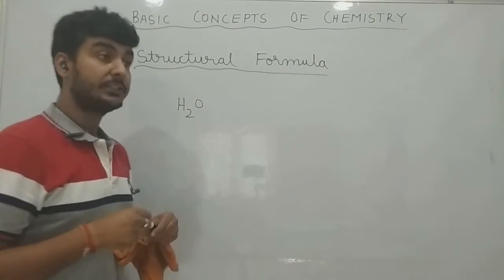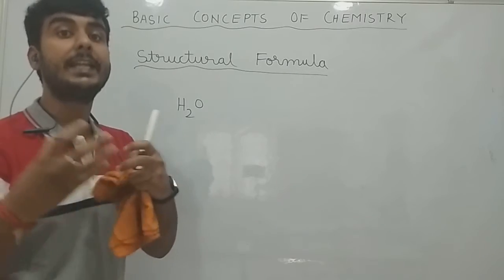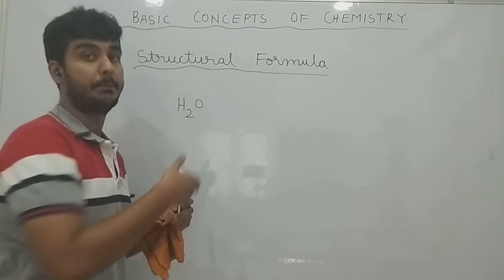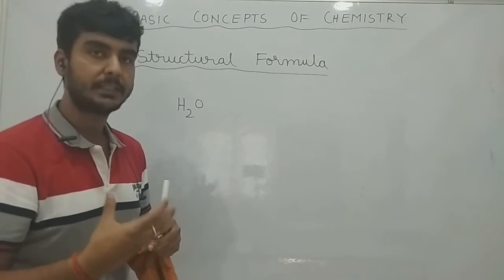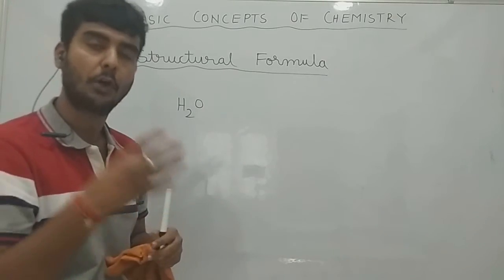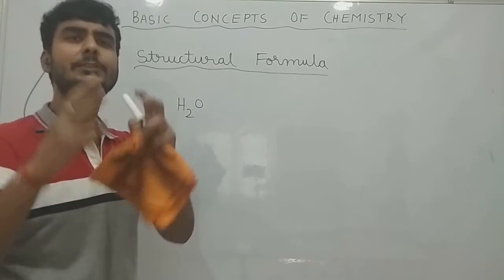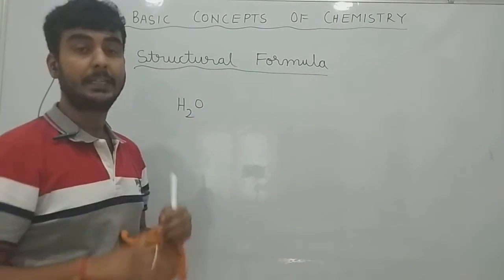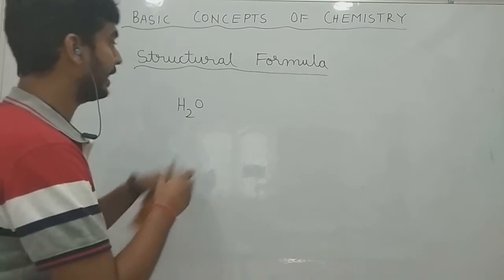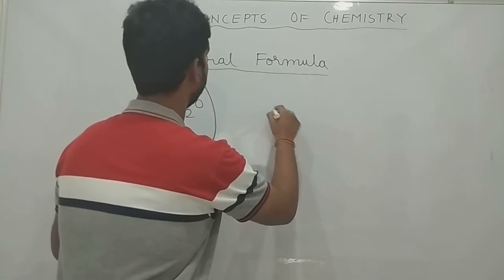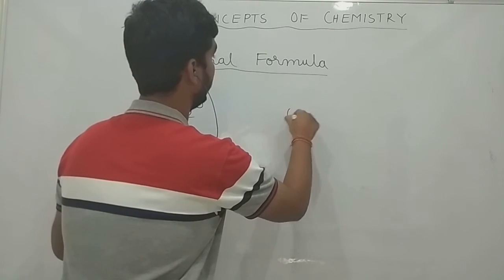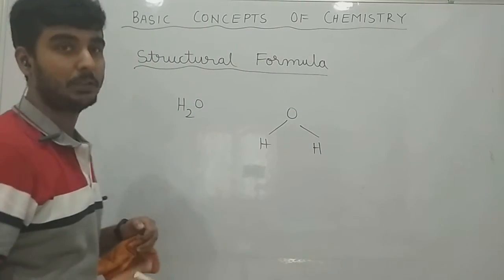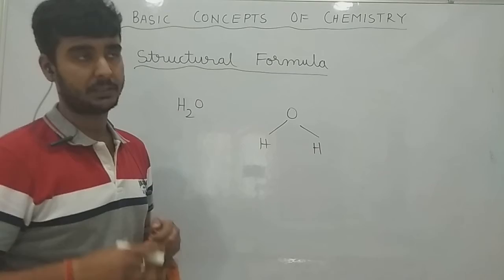So, the structural formula represents the orientation of the atoms forming the compound in space. It will show its structure in space, how it looks when it is kept in three-dimensional space. For example, the structural formula for water is bent or V-shape.